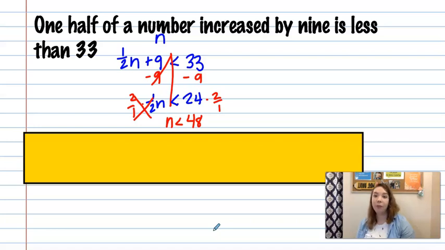If I take half of 48 and add, well, not including 48. So if I take half of 46, that's 23 plus 9, 32 is still less than 33. So there are a lot of answers here, but they all have to be smaller than 48.